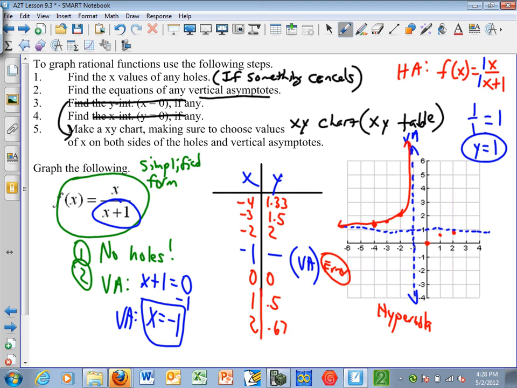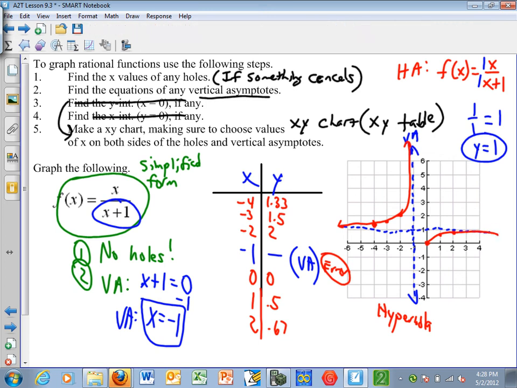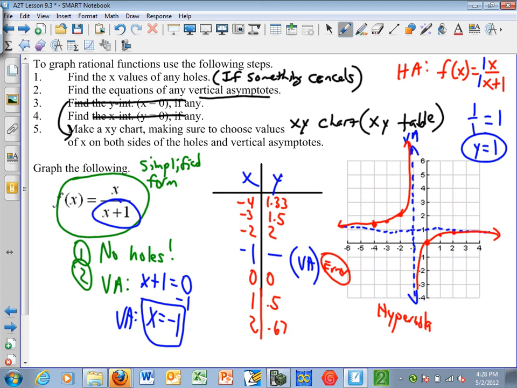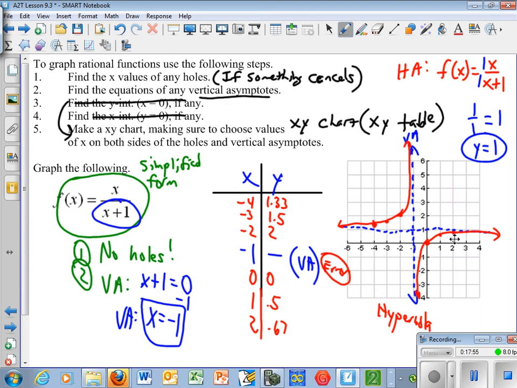As we go here, we're going to come up and get closer to that horizontal asymptote, but never, now I drew that kind of bad, it never would actually touch it. Same thing down here, it's going to keep getting, as it keeps going down, getting closer and closer to that, and that is actually a hyperbola. That would be the graph of this rational function. And there's what that would look like.